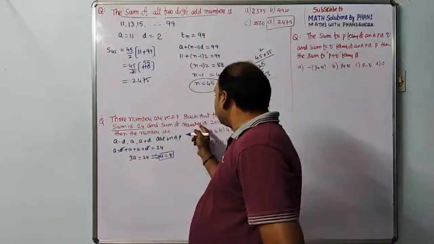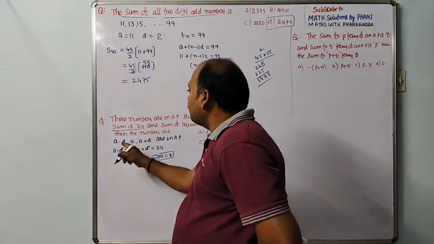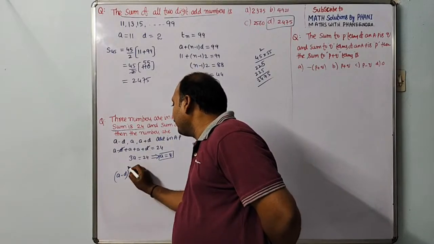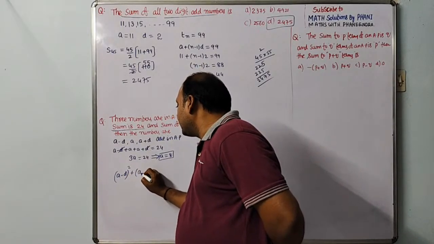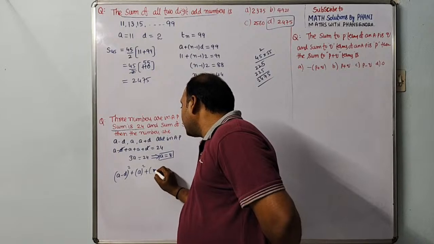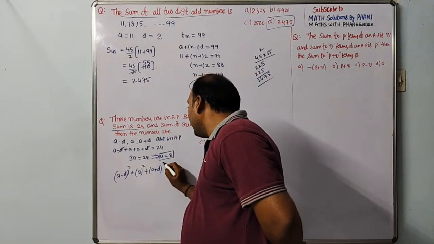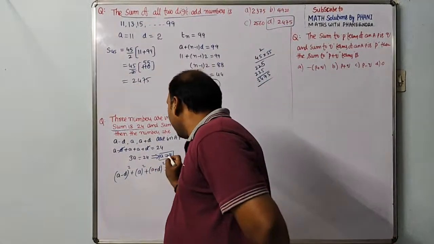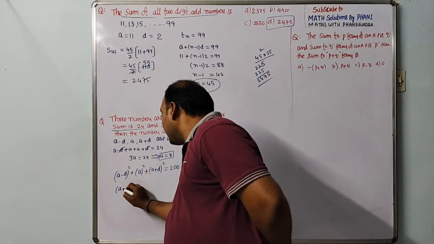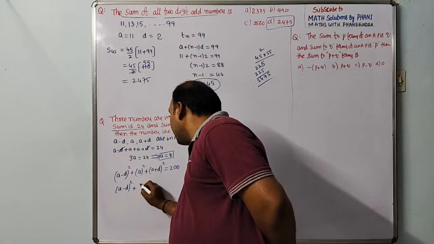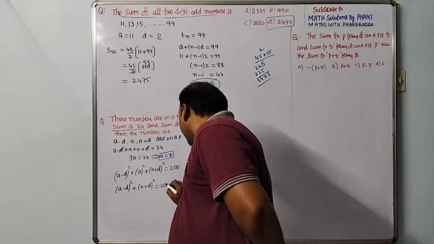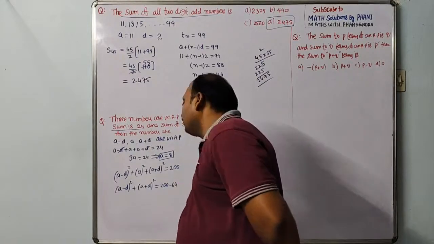Next, the sum of the squares is 200. So a minus d whole square plus a square plus a plus d whole square is equal to 200. A square means 64. So a minus d whole square plus a plus d whole square is equal to 200 minus 64.